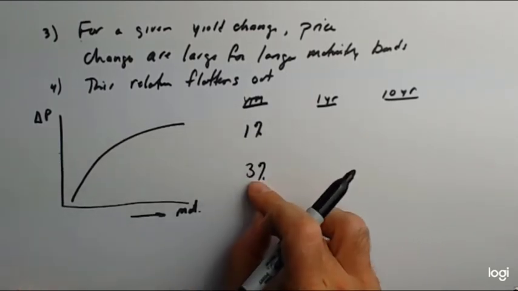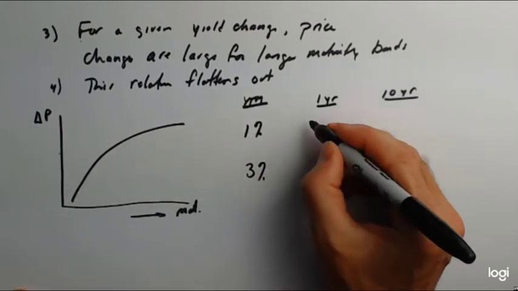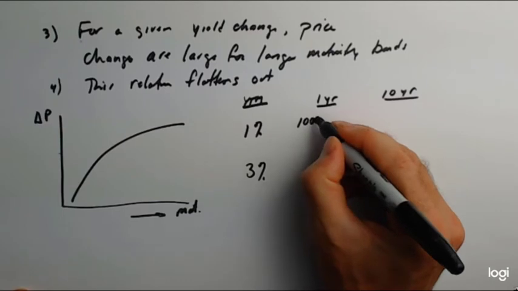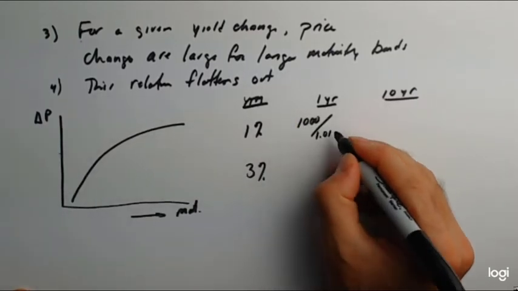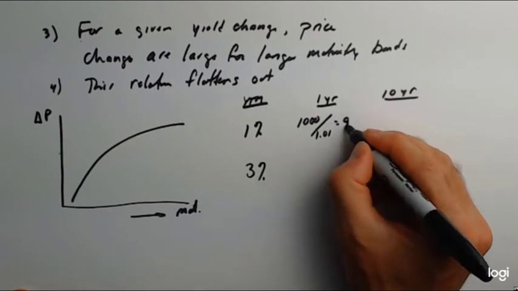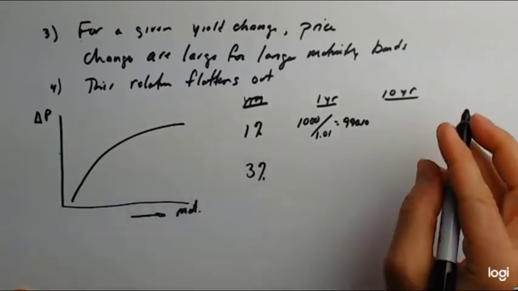And so what we're going to do is we're going to have a change in yield to maturity of 200 basis points. So let's look at a zero that matures for 1,000. And if yield to maturity is 1%, that zero is worth $990.10.